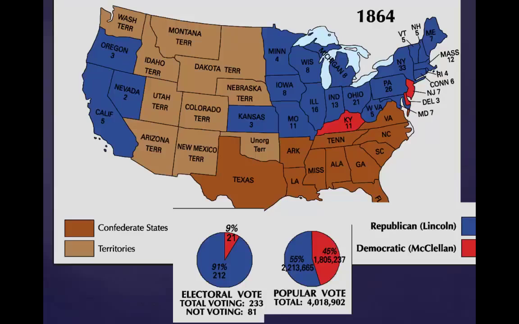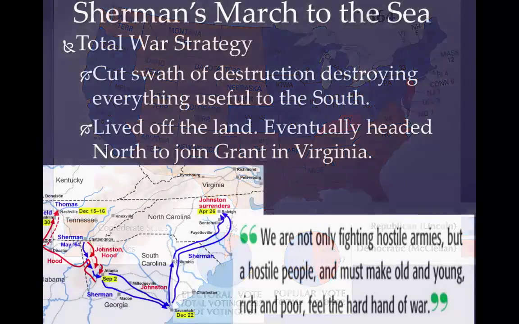And you can see right here an electoral college map of how things went, and this is the popular vote right here. The electoral vote swung wildly in favor of Lincoln, but it could have gone McClellan's way if Atlanta had not happened.